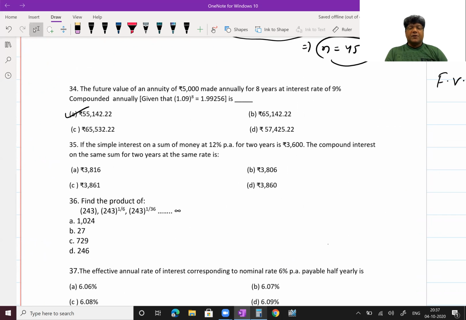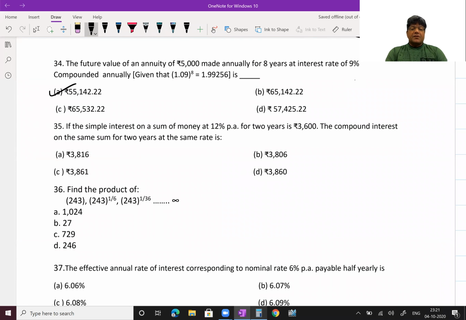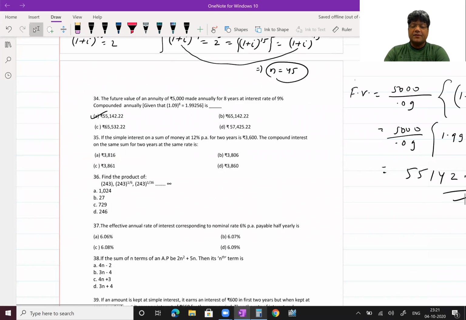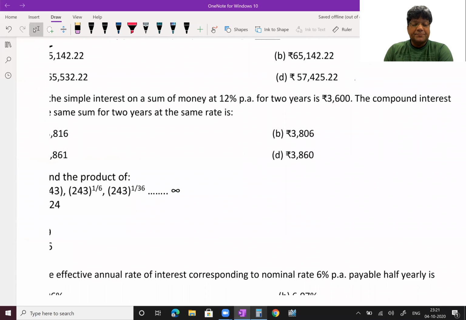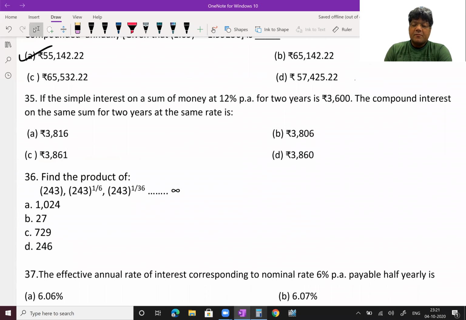Now, question number 35 onward. Question number 35. If the simple interest on a sum of money at 12% per annum for 2 years is rupees 3600, so the compound interest on the same sum for 2 years at the same rate is, let's see, easy question, but some calculation may be there. Simple interest on a sum of money at 12% per annum for 2 years is 3600.